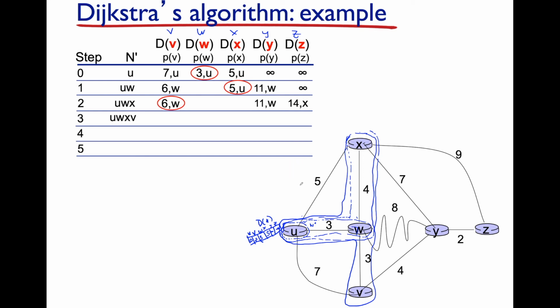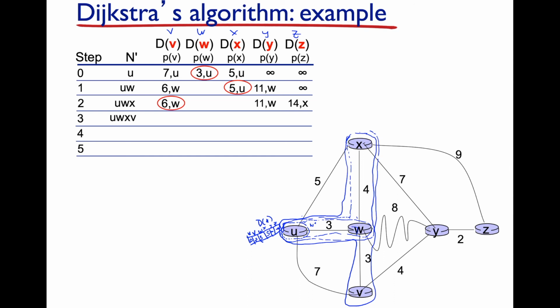So let's take a look at this. Now, if I wanted to get from u to v, well, that's at a cost of 6, 3 and 3, and then go through v to get to y, that's another 4, and that's a total cost of 10.